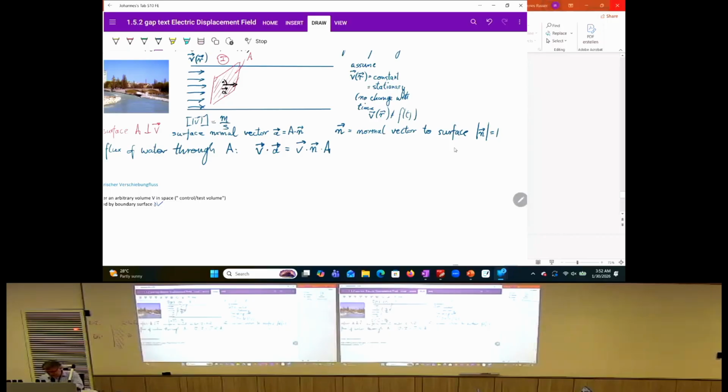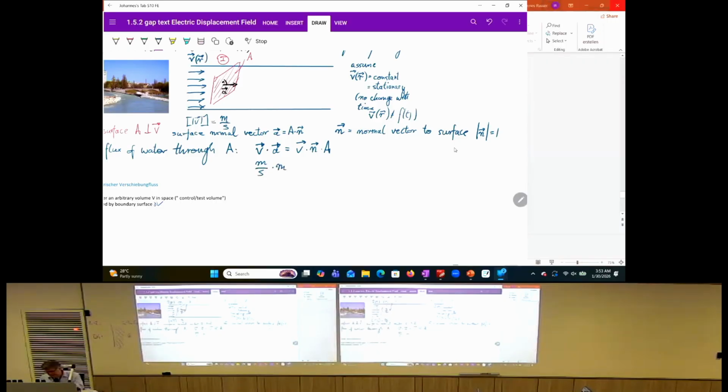And in terms of flow, you would have here a flux that is given. I mean, the field would be a vectorial quantity, which is given in meters per second.